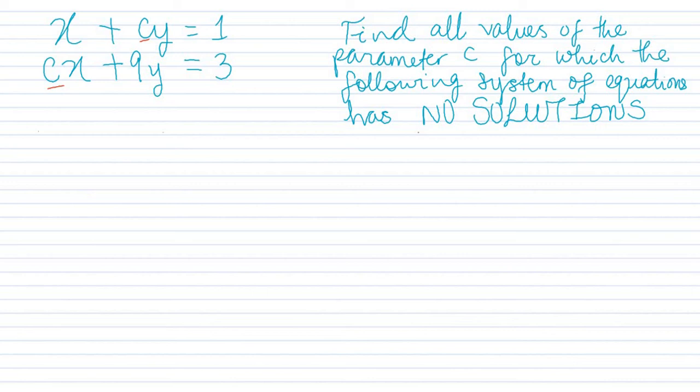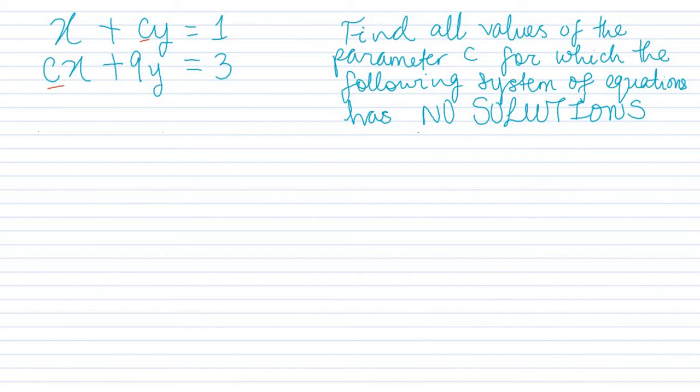The first thing you have to do, whenever you're given a system of equations, is to simplify. Simplifying basically means when you're given two equations and two variables, you simplify to get one equation and one variable.